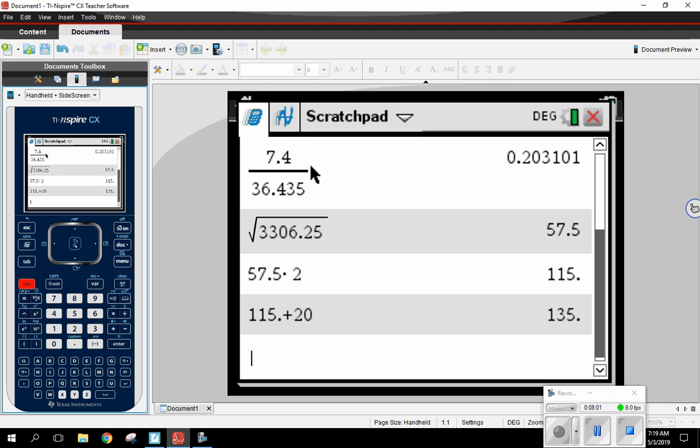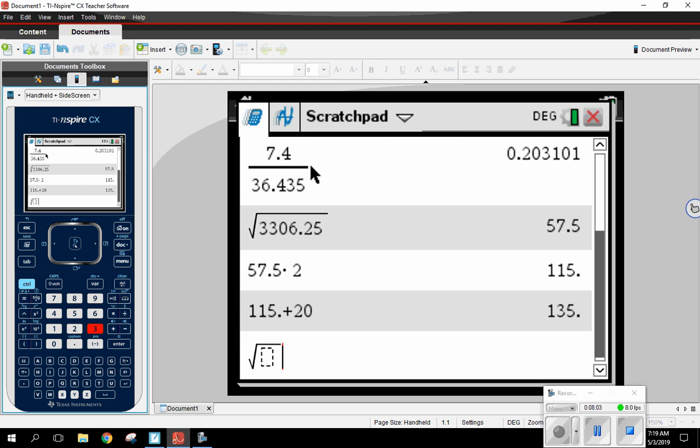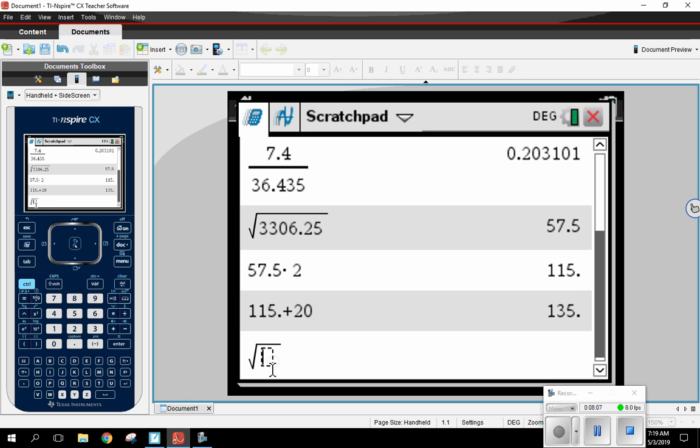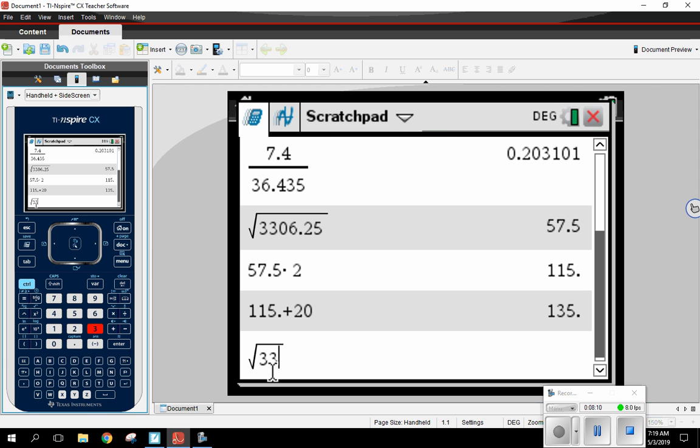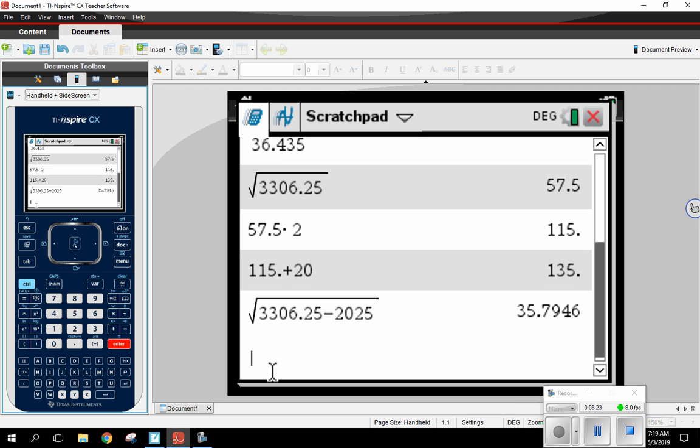So let's see here. Control radical 3306.25 minus the 2025. So this is c, and I want to divide it by a, which was the 57.5.